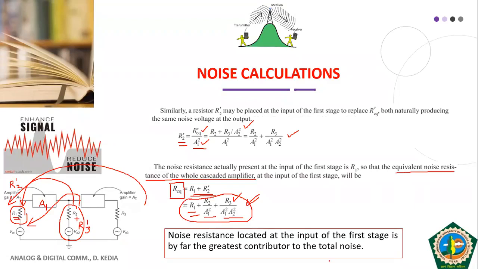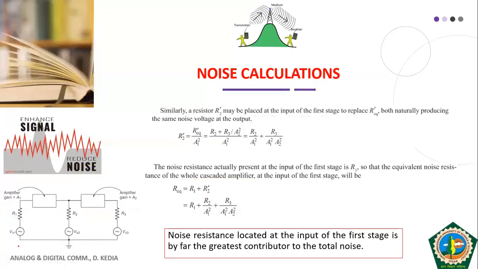Okay, so I hope all of you have been able to understand this. Another important point that we need to notice here is the noise resistance which is located at the input of the first stage, that is this resistance R1. You can see in this expression that R1 has the highest weight in the equivalent resistance. So it means R1 is the greatest contributor in R equivalent.